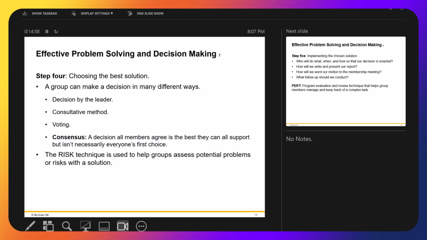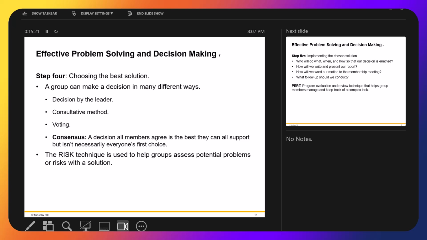So when we go back to choosing the best solution up here, and coming down to that consensus, you look at how it can be gone about. What I've seen a lot of times working in groups, it's always something that's discussed. Rarely is it a decision made by the leader. It's usually some type of consultative method.